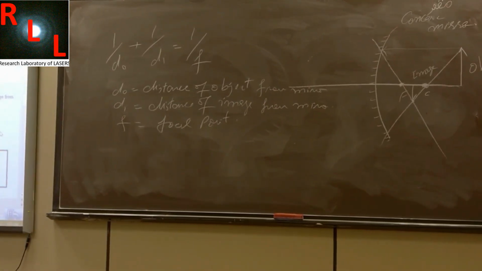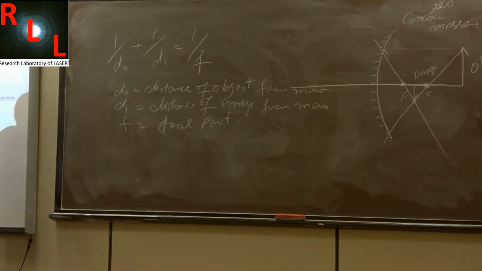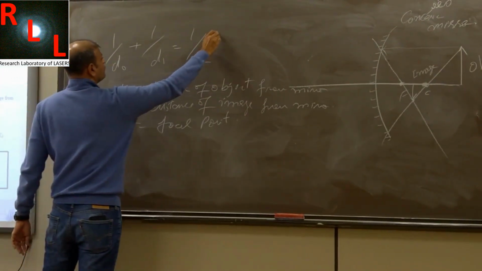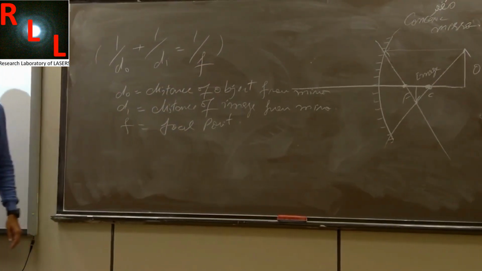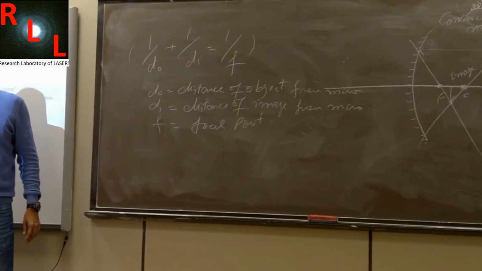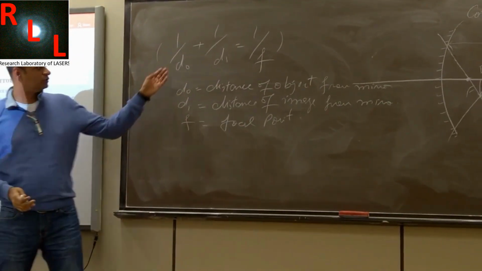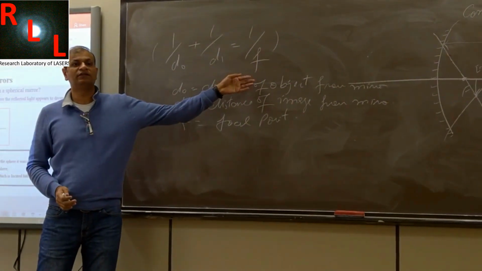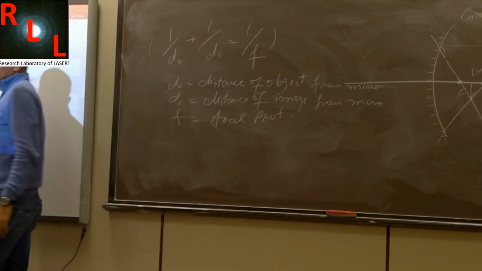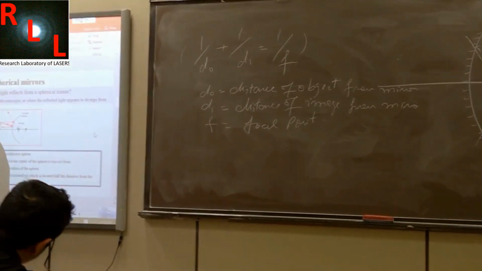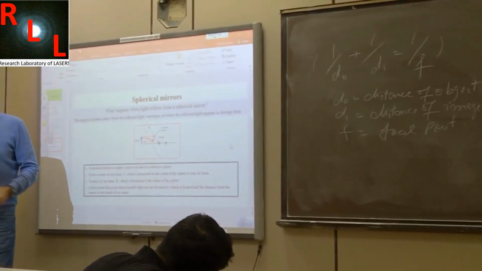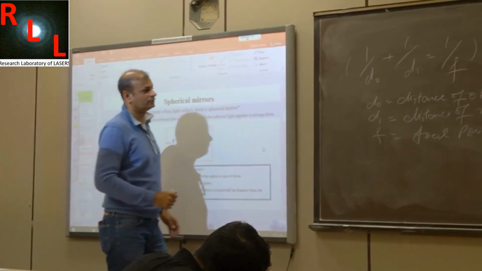This is a basic equation. With the help of this equation, we can find out where the image is formed if we know this one and this one, and what kind of image it will be, inverted or not inverted, real image or virtual.